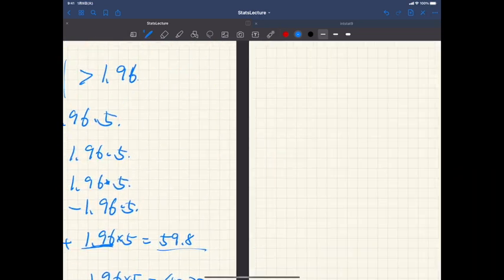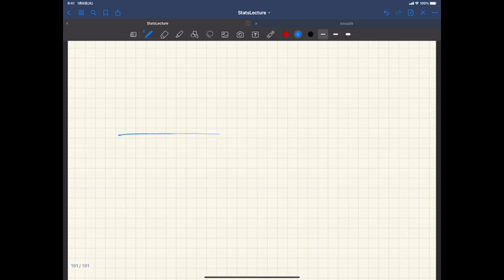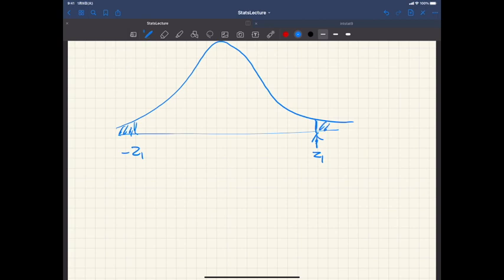In the standard table, you should look for the number that gives you this. So what we want is this number here. Let's say this is negative Z1, such that the sum of these shaded regions is 0.01.